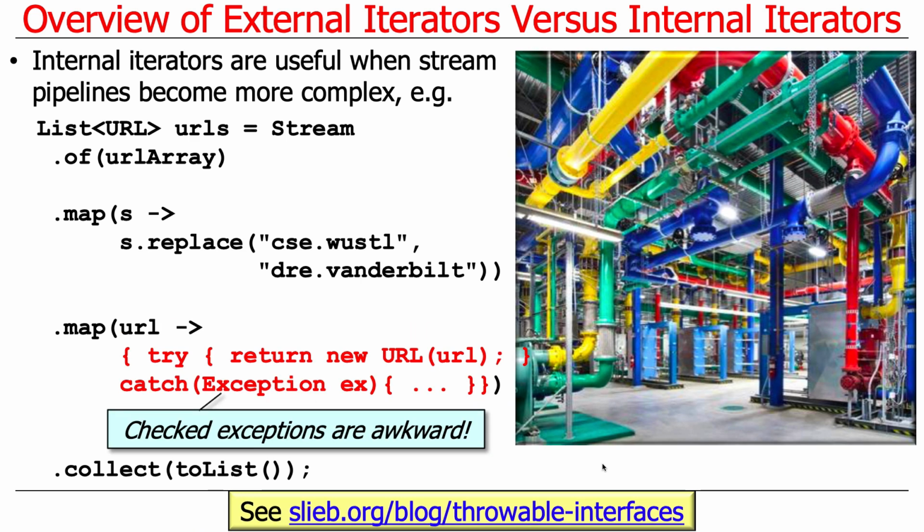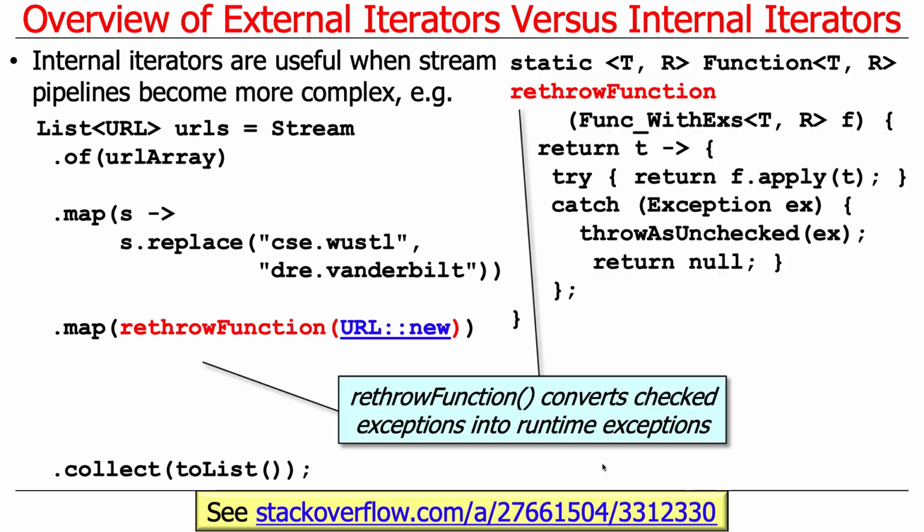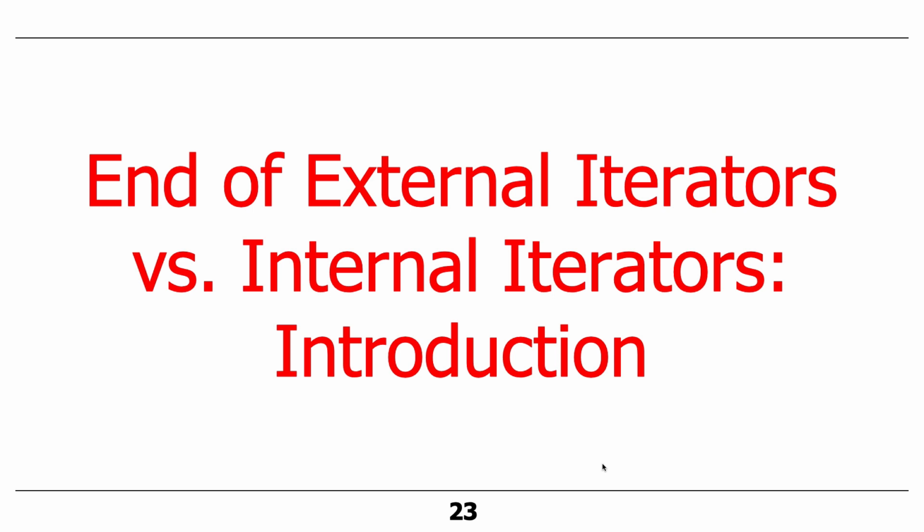So I think you'll agree with me that this code is a little bit more verbose and ugly than that code. So that's just a quick overview of the concept of internal versus external iterators. And what I'm going to do now is show you a little bit more example to illustrate this in more detail.